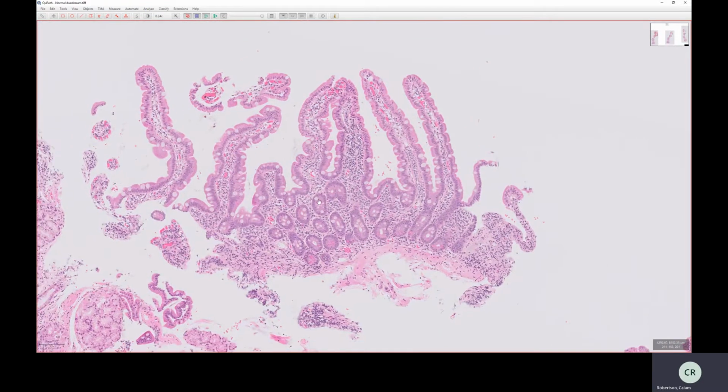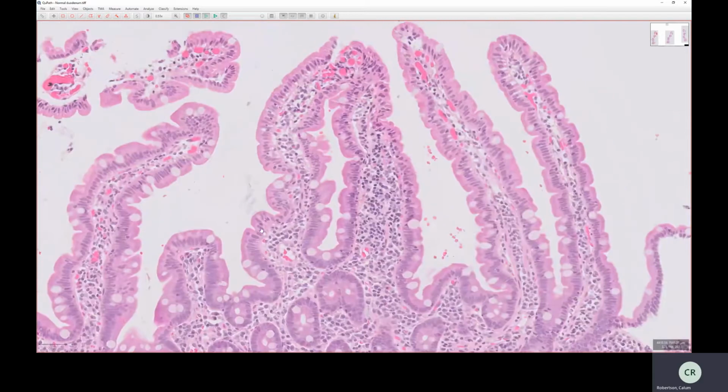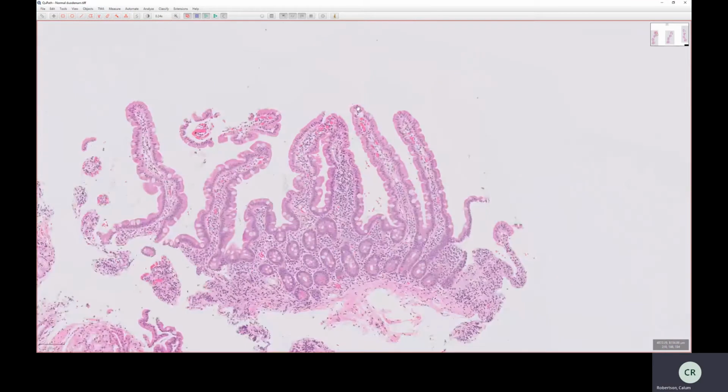So there are a few things that you want to look at when you're looking in the duodenum. The first is to look at the architecture, and also to see if within the surface epithelium there's an increase in intraepithelial lymphocytes. If you've got an increase in lymphocytes within the surface epithelium, and the architecture is distorted, i.e. the villi to crypt ratio is not 3:1, it's under 3:1, you get a loss of the villi and crypt hyperplasia.